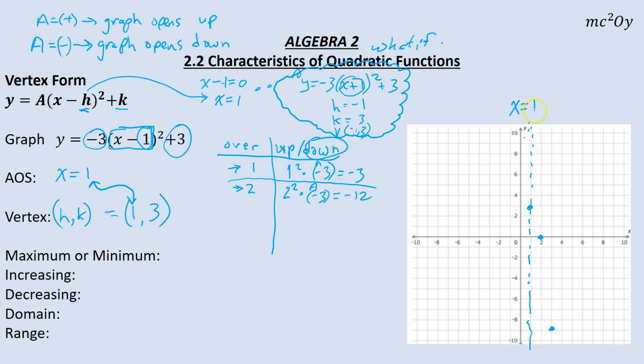At x equals 1, I have a graph that goes downward like so. Okay, and then I can reflect my points. And boy, messed it up again. Well, at least I'm giving us a lot of different reasons to double check our work there.